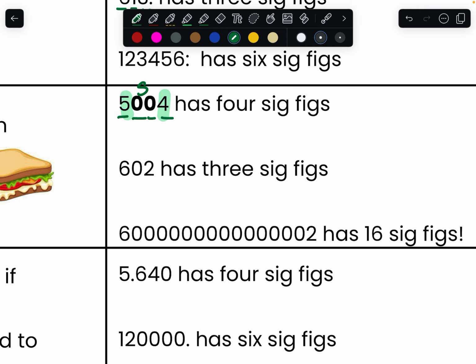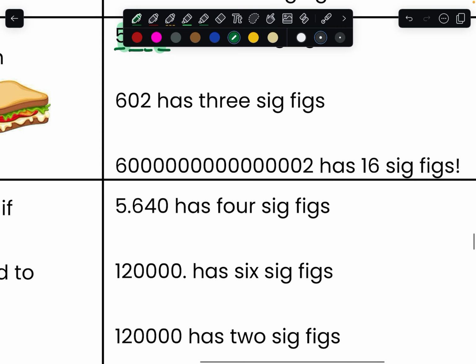And just like in the cartoon Scooby-Doo, Shaggy and Scoob, zoinks, would make these really, really big sandwiches. In chemistry, we can have really, really big sandwiched zero numbers where all of these zeros here, there are 14 zeros, are all significant because they are in between this 6 and this 2 here.